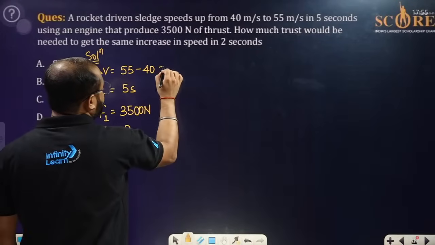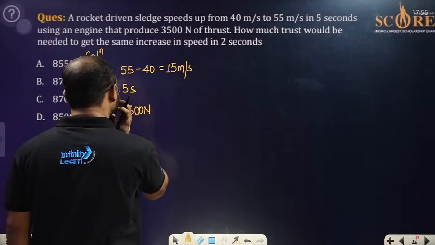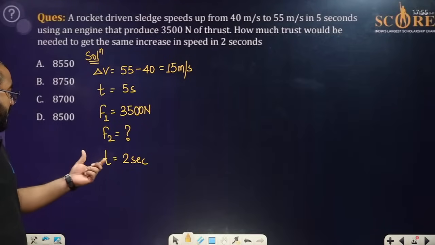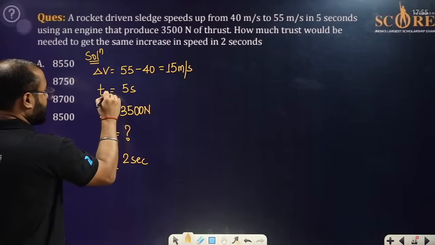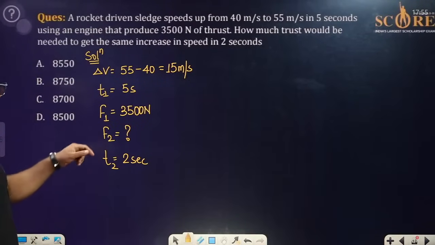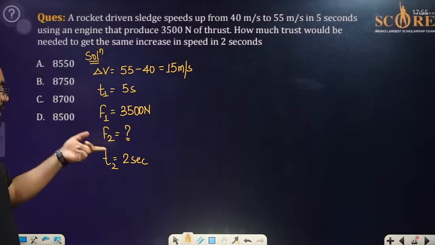So let us find out the change, although it is not going to help you in anything. In this case we have time, let us say T1 and T2, and force F1 and F2. We have force and time, and we have to find the second force.